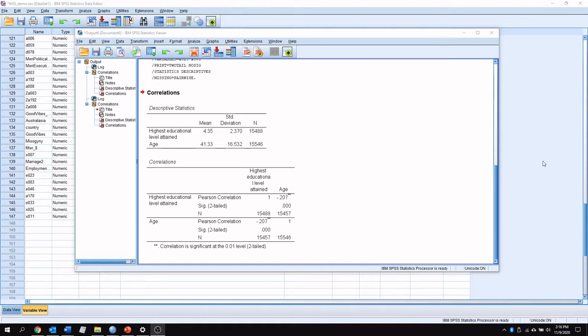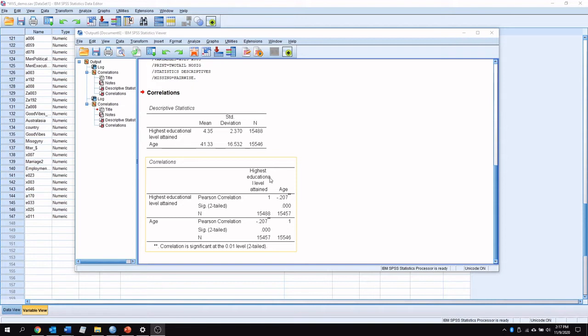And a 1, as you can see right here, is going to represent a complete positive correlation, which means that all of the variance in one variable is accounted 100% for the variance in the other variable. And this makes a lot of sense if we're just taking a peek here, because when we're looking at this correlation, we're looking at highest education level attained compared to highest education level attained. So that's a complete correlation because we're literally looking at the same thing.